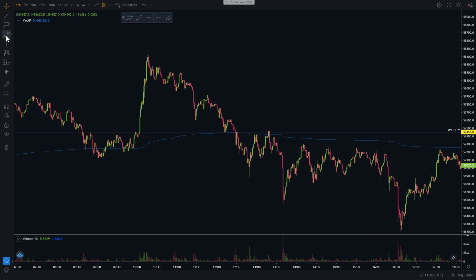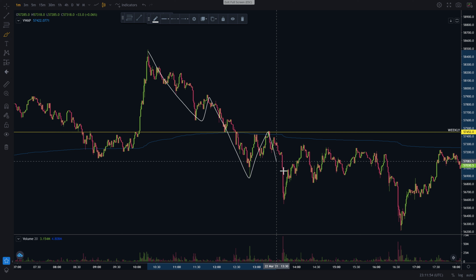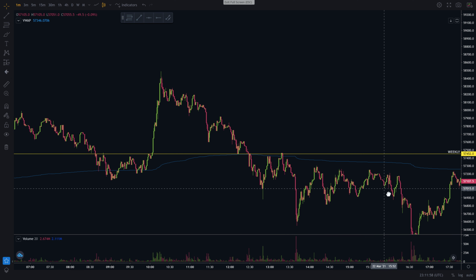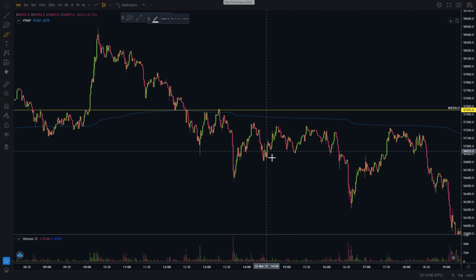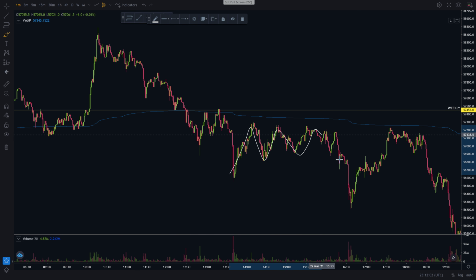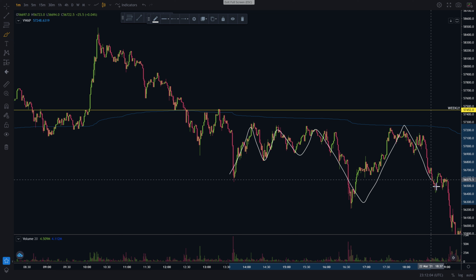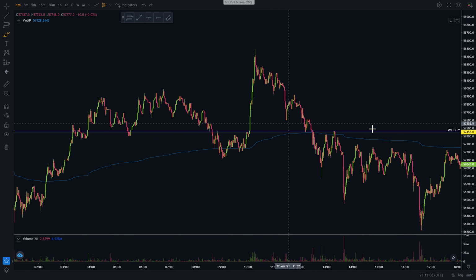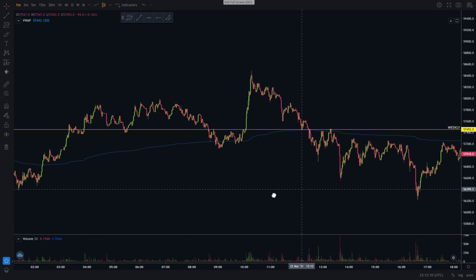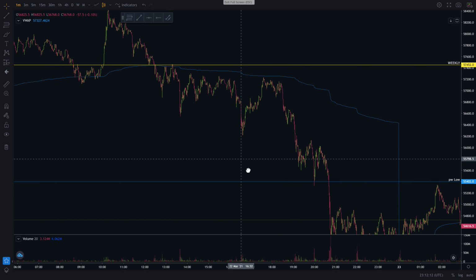I'm focusing on scalping methodology, so again lower, and you go down, and again, and again, down, okay, and down. This is not like a textbook downtrend, but it's a downtrend.